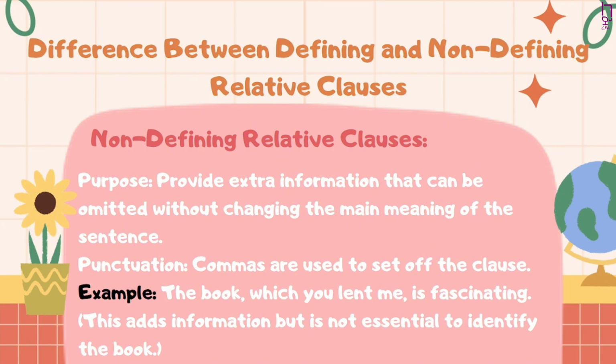For example, the book, comma, which you lent me, comma, is fascinating. This adds more information, but it's not essential to identify the book. We can say the book is fascinating, which is a perfectly meaningful sentence, but we can also add which you lent me to make it a non-defining relative clause.